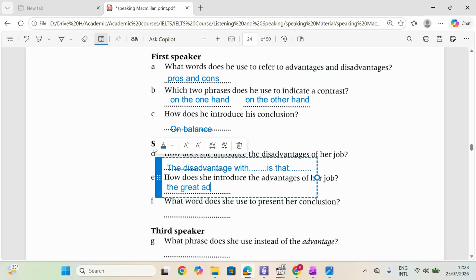This is the great advantage. Advantage with is that, and so on. Overall. So overall is like a synonym for on balance. Let's move on to the third speaker.